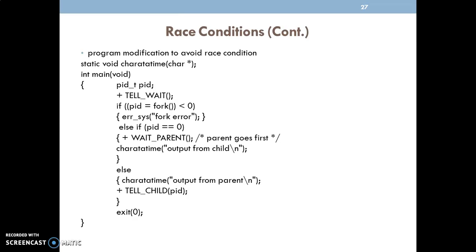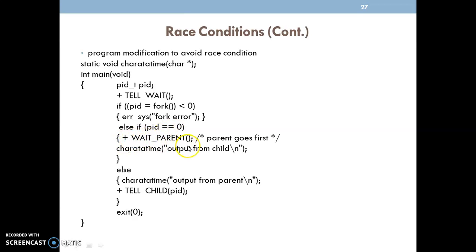We can avoid race conditions by using some macros like TELL and WAIT. TELL and WAIT allow the processes to synchronize and communicate from one process to another. In this case, the parent process creates one child process, then we allow the child to execute.